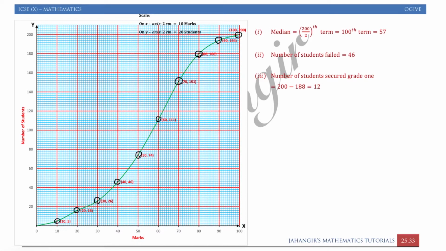So these are the coordinates marked and the line drawn. Now do not forget to label the x-axis, label the y-axis, and write down the scale.